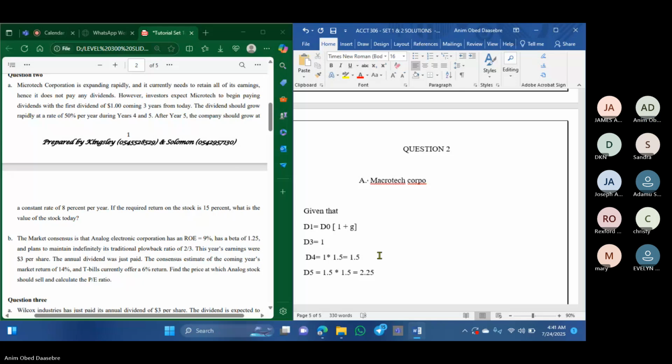Now after the fifth year, they say the company should grow at a constant rate of 8% per year, in perpetuity, forever. So we need to find the perpetuity value at year 6. You are going to use the constant rate, the perpetuity rate, to grow this to year 6.